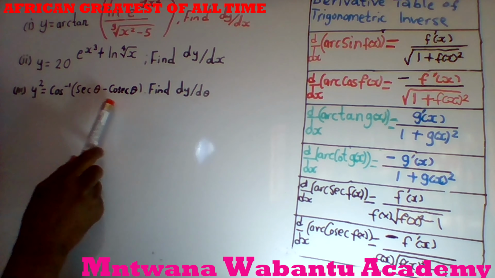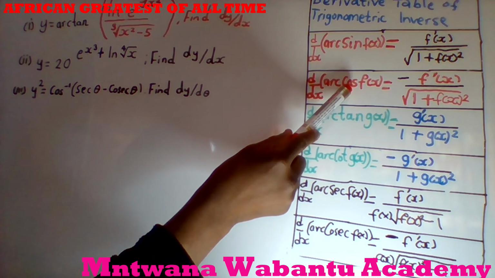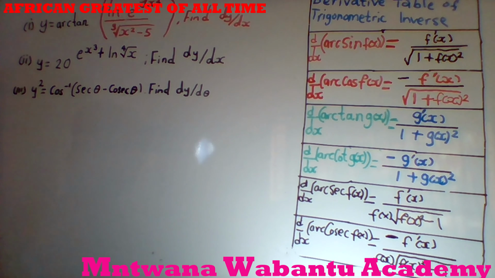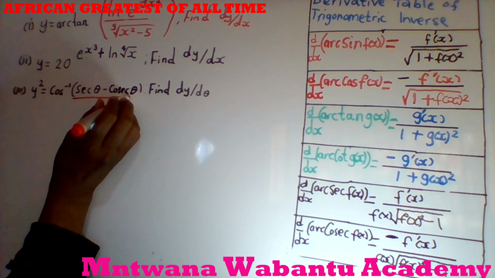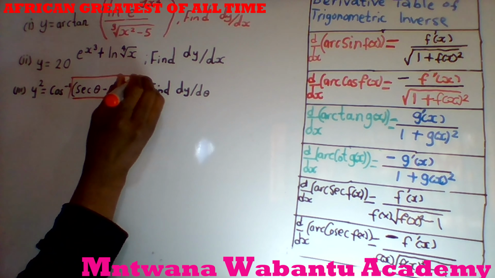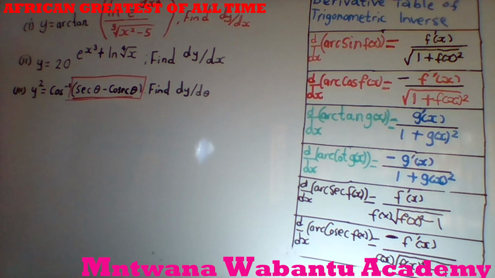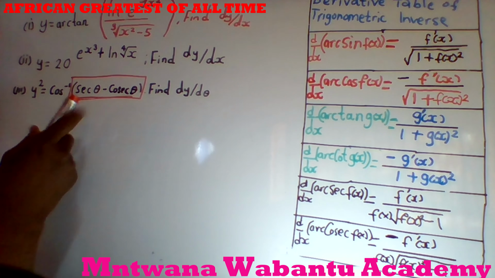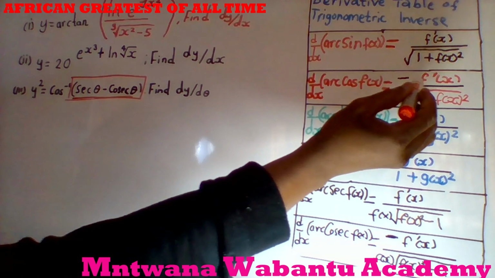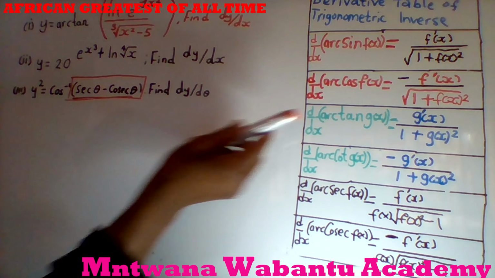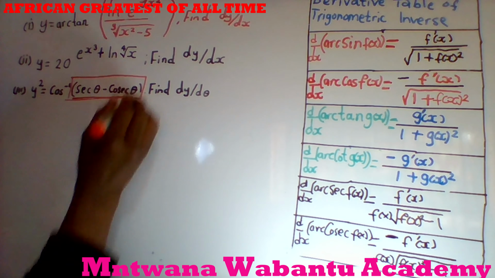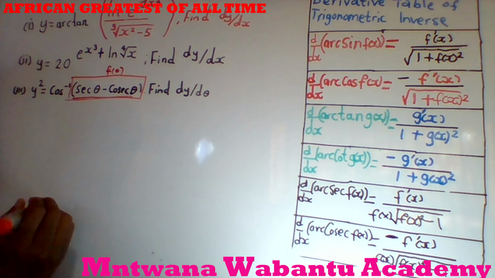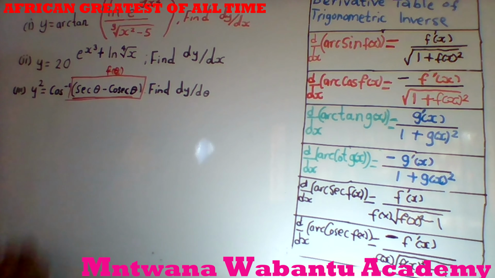For cos inverse of whatever you have, whenever you differentiate cos inverse of a function, anything in front of the arc cos is the function. We have to differentiate it and write the answer, with a square root of 1 plus the function squared. For this case it is f of theta, not f of x, because the function is about theta.